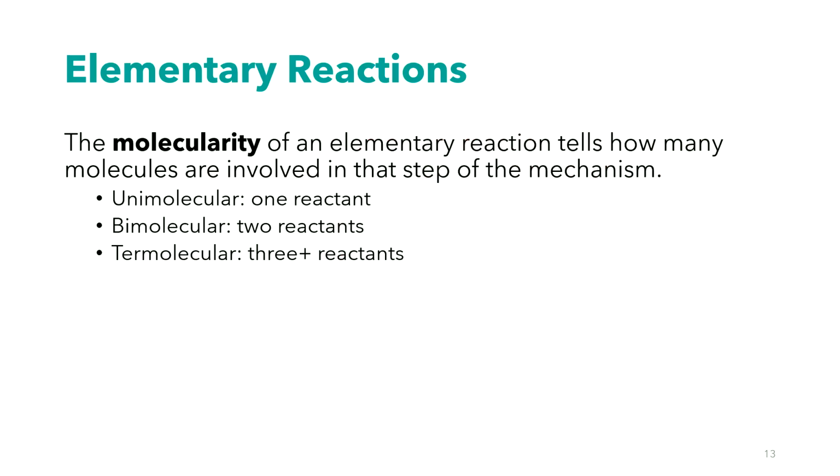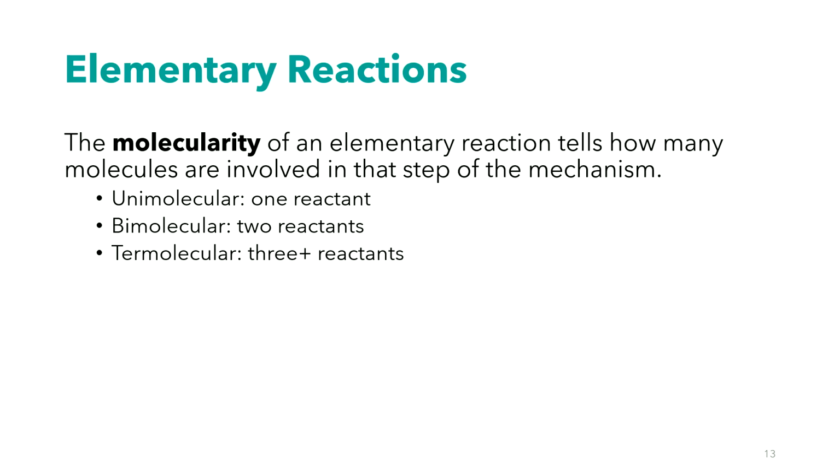Right. We want to talk, in addition, about the molecularity of these elementary steps. Okay, so if it's unimolecular, it's one reactant. So we just looked at a unimolecular reaction. If there are two reactants, it doesn't matter if they're the same reactant, but if there's two things coming together, that's bimolecular. And anything beyond that is called termolecular.